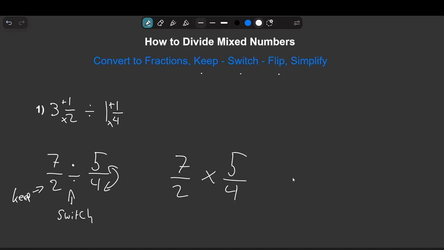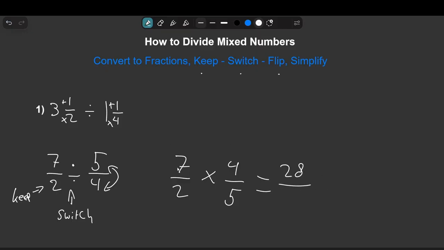Oh, my bad, guys. Doesn't equal 28. Oh, guys, I made a little bit of a mistake here. I forgot to flip these around. So instead of 5/4, we get 4/5. So now, when we do 7 times 4, we get 28.